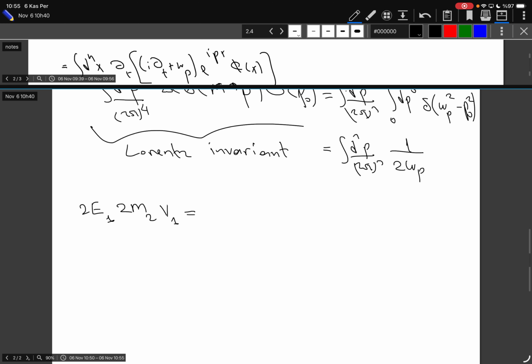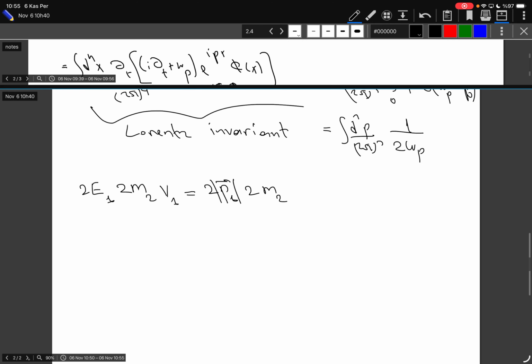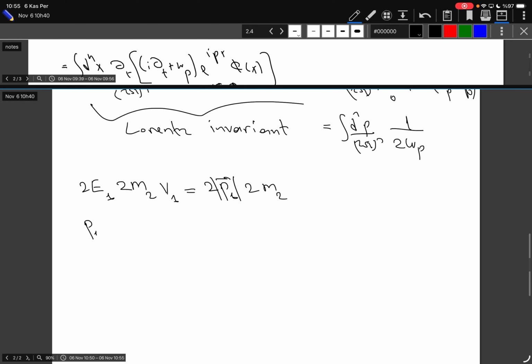Well, I can write this as twice p1 times twice m2, because the velocity of a particle is its linear momentum divided by the energy. In this particular reference frame, the four-momentum of my first particle is E1, P1.